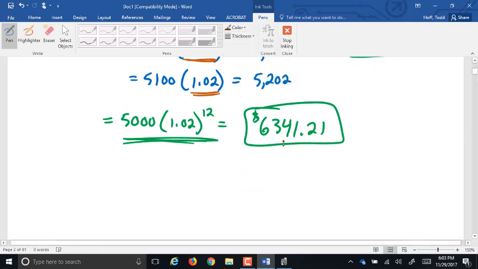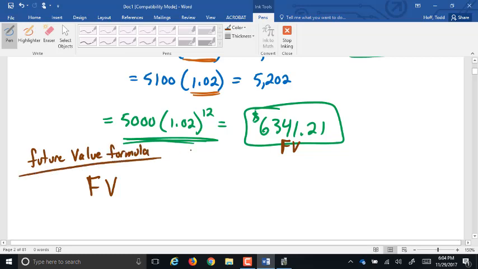Now let's see where this little equation here came from. First of all, what we found here was a future value. That's the amount that will be had in the future after 3 years. So this is a future value formula. To find the future value, we took the $5,000, which was the present value. That's what we have right now.